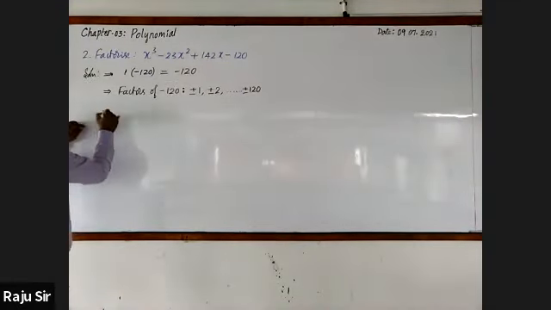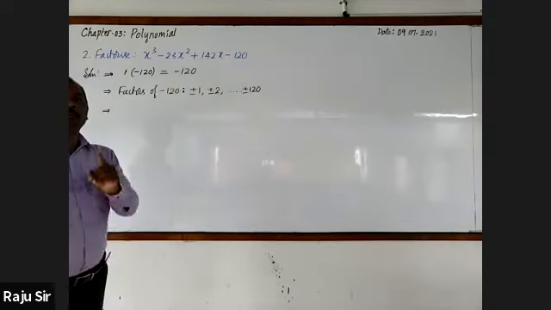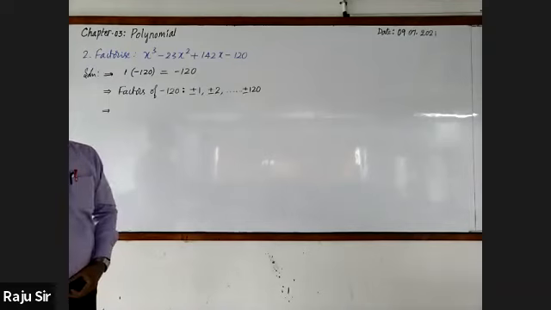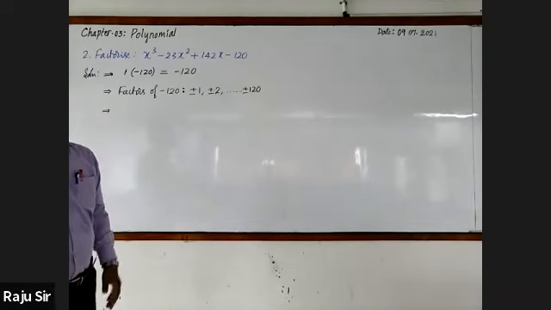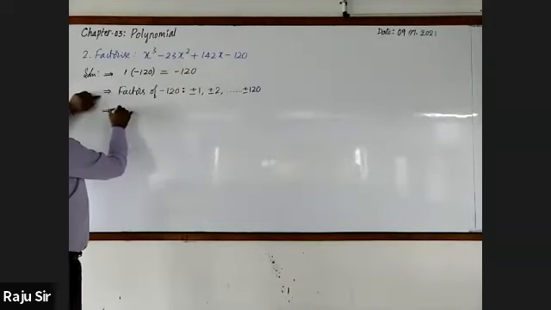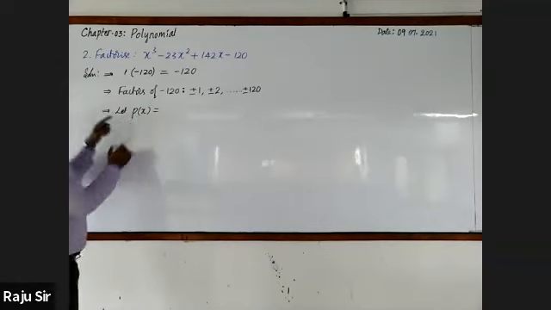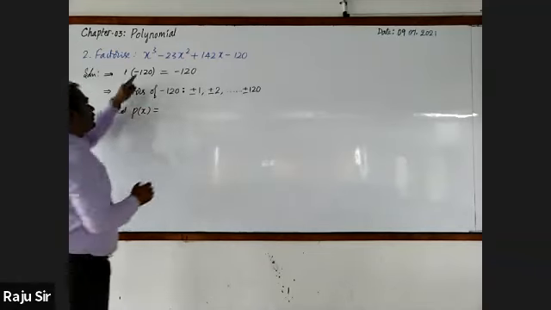Now, among these, one of them will be the zero of the polynomial. Let us go for finding that zero of this polynomial. Let the given polynomial be assumed as p of x. Write with me.